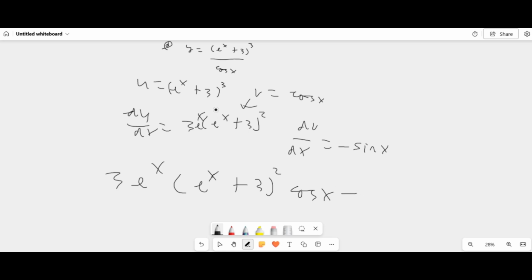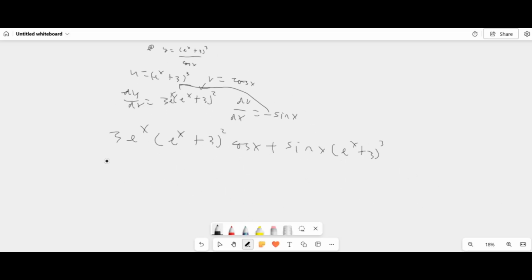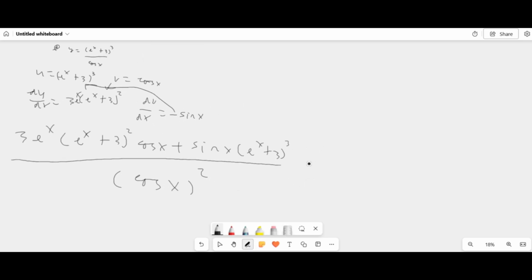Take away, not even take away because it's going to be negative times that, so double negative is positive. So positive sine x, open bracket e to the x plus 3 cubed, all of that over v squared. So that's cos x squared, or cos squared x, doesn't matter.